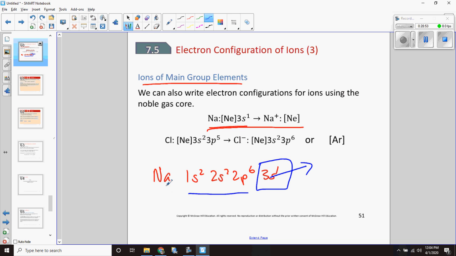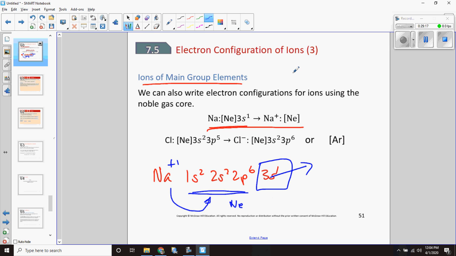So sodium will have an electron configuration. By the way, if you notice, 1s2, 2s2, 2p6 is the electron configuration for neon. When atoms tend to gain or lose electrons, they end up having electron configurations of noble gases. So the sodium +1 ion will have this particular electron configuration.